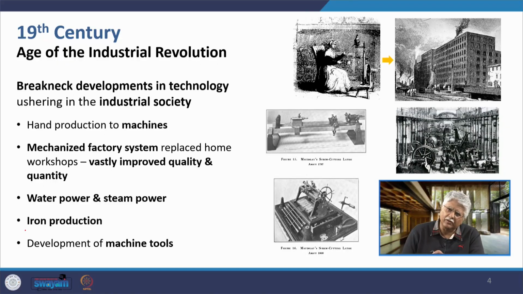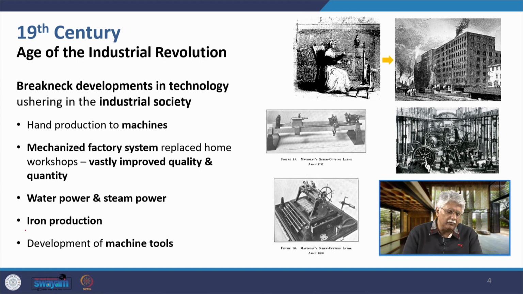Moving on to the 19th century, it was characterized by the rise of the Industrial Revolution. This came to be known as the age of the Industrial Revolution, with breakneck developments in technology ushering in an industrial society. Hand production gave way to machine production, and the mechanized factory system came into place, which led to a very major improvement in both quality and quantity of products being produced.